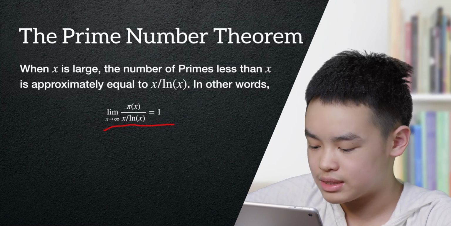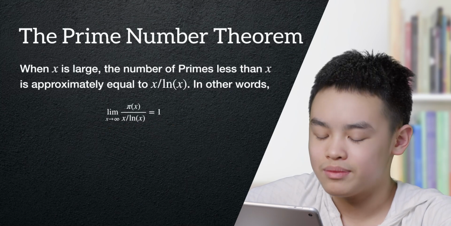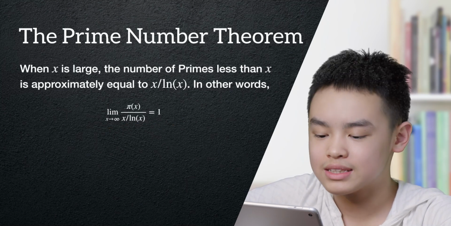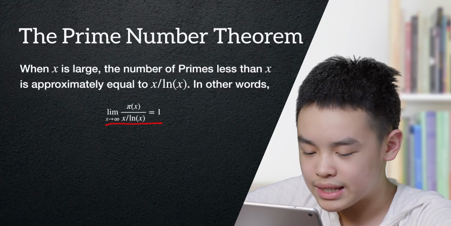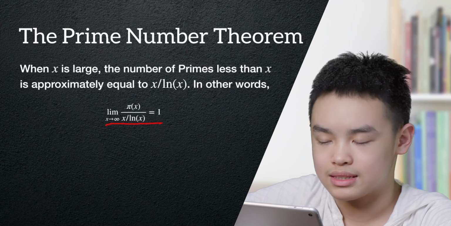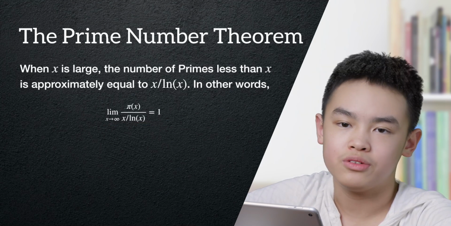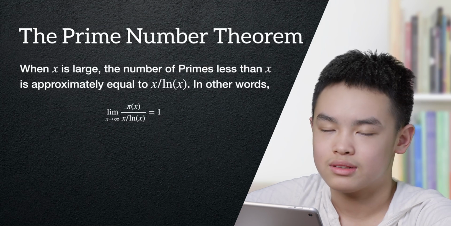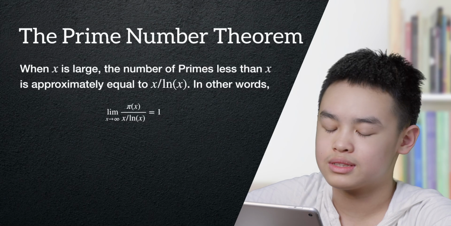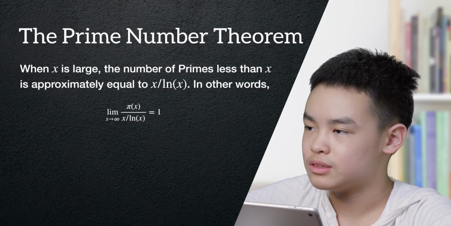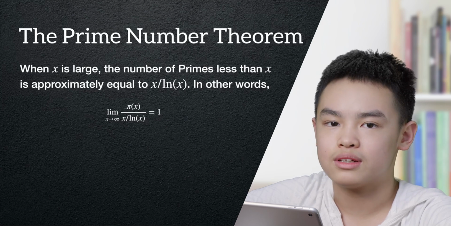One that we just made up. Well, not we made up. Someone definitely made it up before us. So, when x is close to infinity, pi(x) over x over ln x is close to 1. And we can't prove it right now because we have to go through some calculus. So we're just going to back off for now. We're probably going to come back to it later.